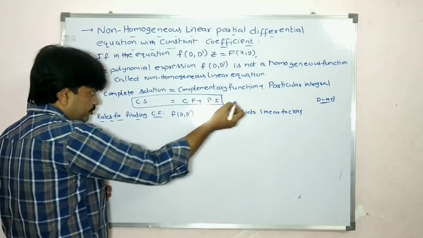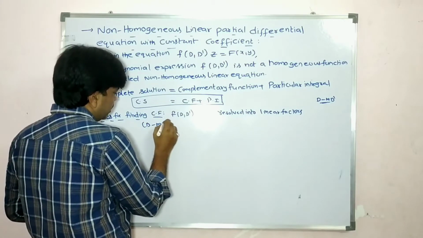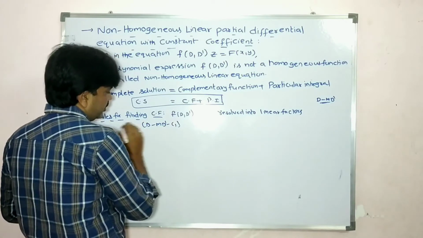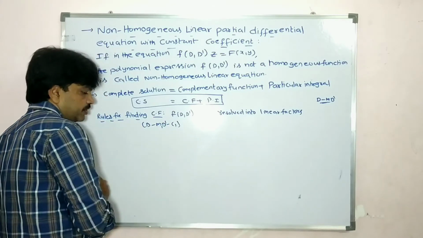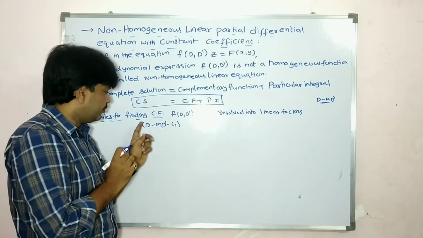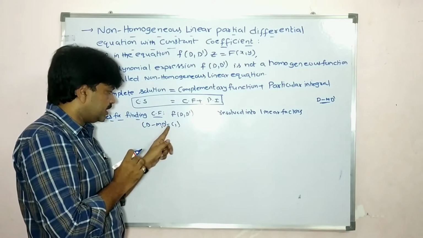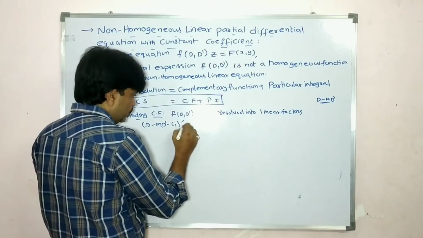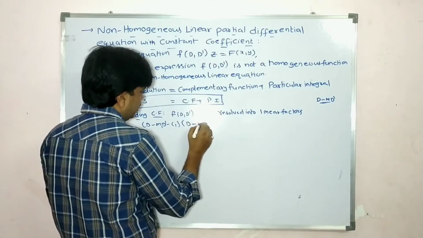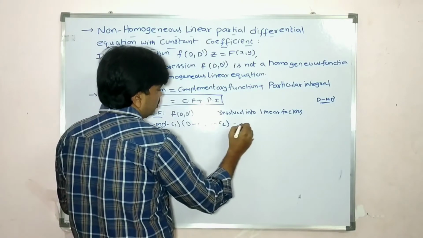Now here we have D minus mD dash minus c1. What is the factor form here, students? This is very important. D minus m1 D dash minus c1 into D minus m2 D dash minus c2, and so on.